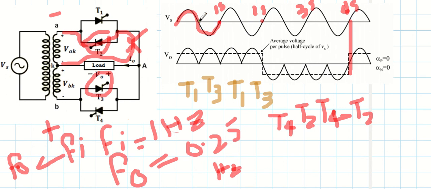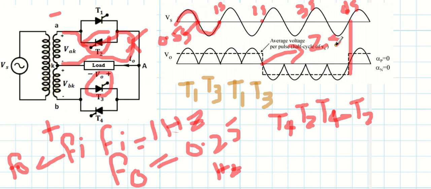If you see this zero crossing, as I already mentioned, in variable frequency drives or in applications we have a zero crossing detector. So the zero crossing of the input is at 0.5 seconds, and the zero crossing of the output is at 2 seconds, very delayed compared to the input.